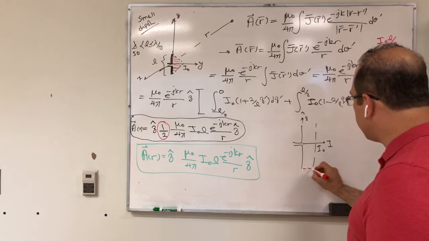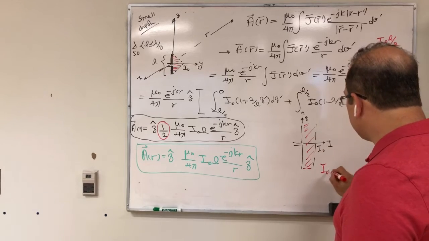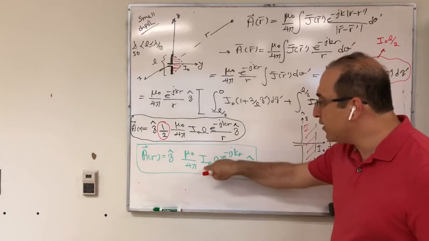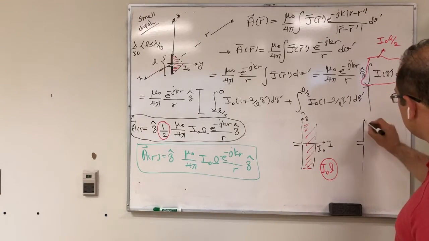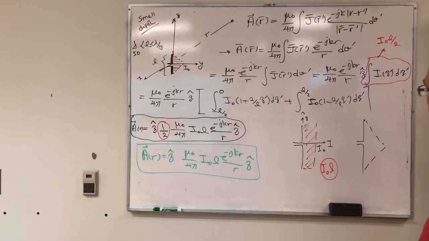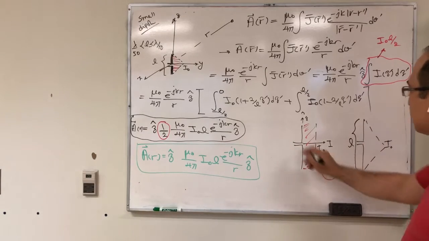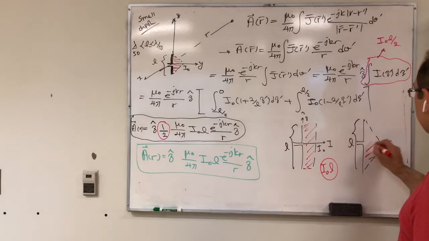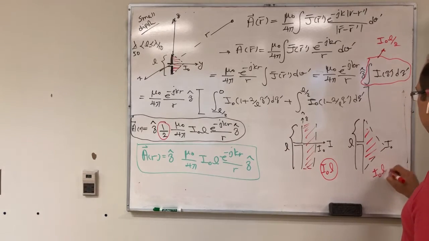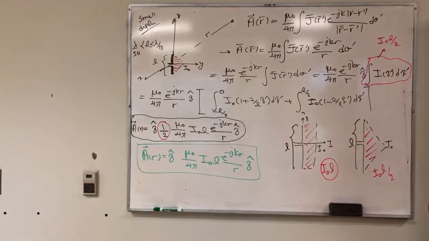So the area under the curve became I naught L. But now with this new antenna, if this is I naught again, and this is L, the same as this L, then the area under the curve is I naught L divided by 2. That's why you get a 2 in the denominator here.